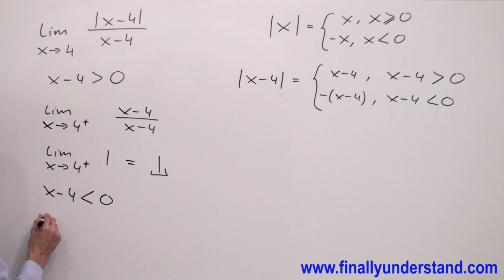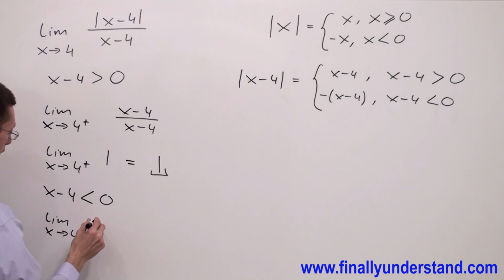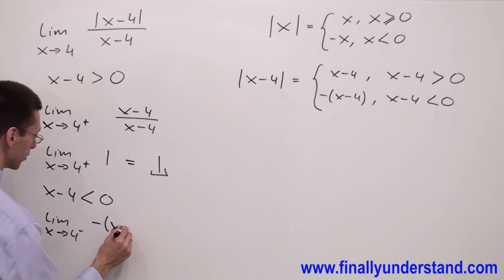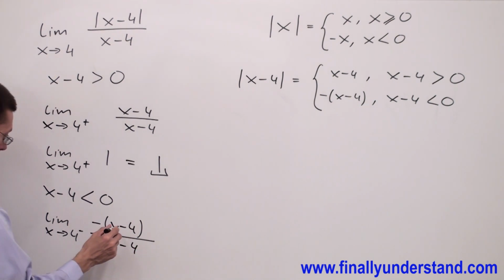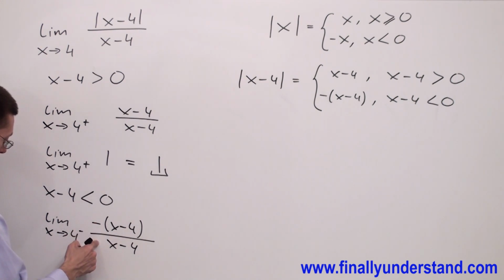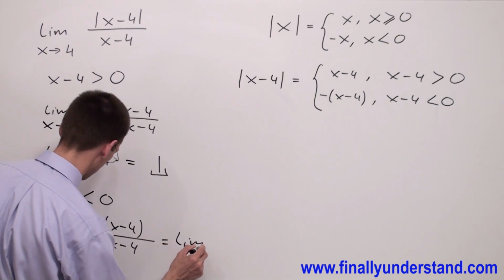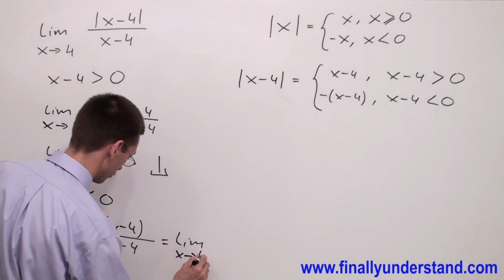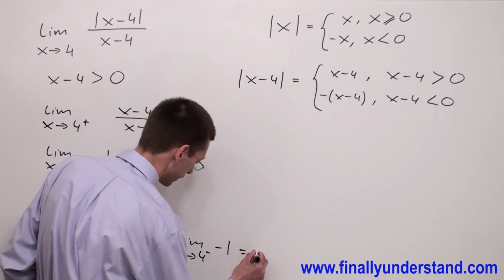That's why I'm going to have the limit as x approaches 4 from the left side, and this time I'm going to replace my absolute value by negative x minus 4, over x minus 4. x minus 4 divided by x minus 4 is equal to 1. Negative divided by positive is going to give me a negative value. So I'm going to have the limit as x approaches 4 from the left side of negative 1. The limit of a constant gives me the constant, negative 1.